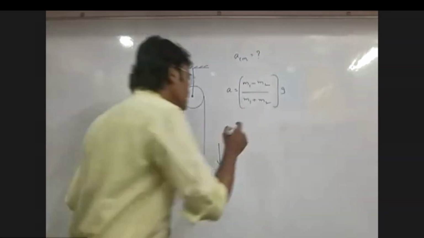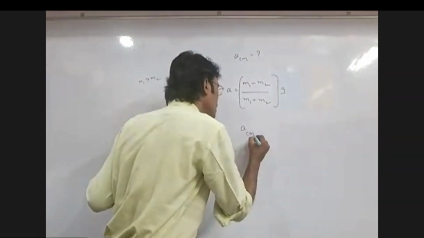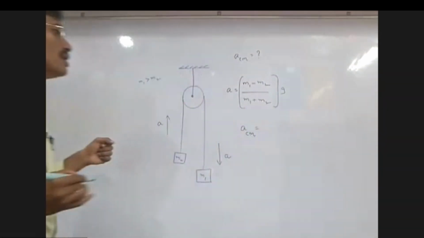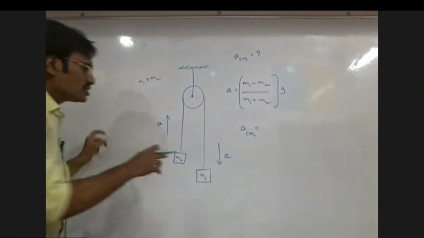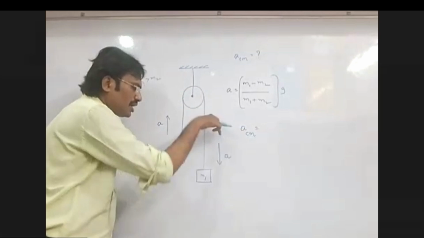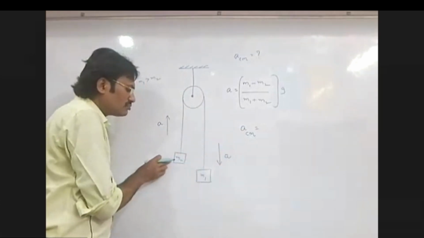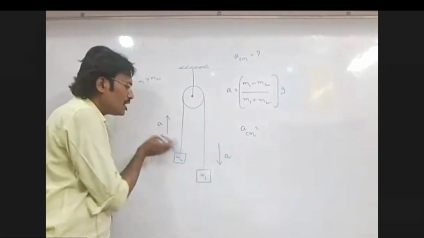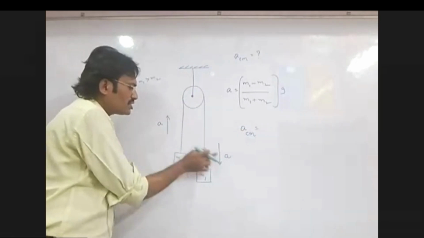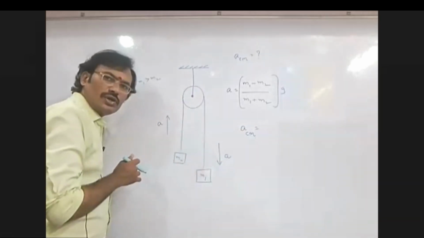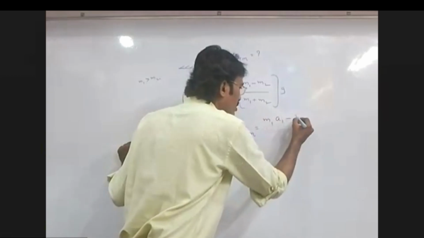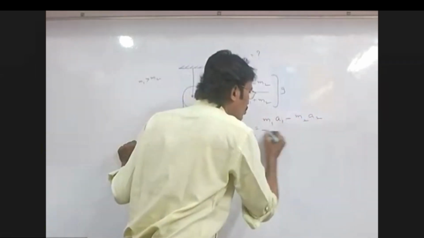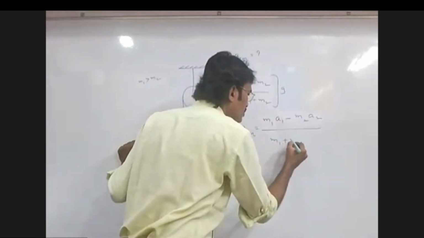Now I am taking the acceleration of center of mass. ACM is equal to, see, the first body is moving with the acceleration A in downward direction. The second body is moving with the same acceleration A in upward direction, and both the directions are opposite. So ACM is equal to (m1 A1 minus m2 A2) by (m1 plus m2). This is the formula.